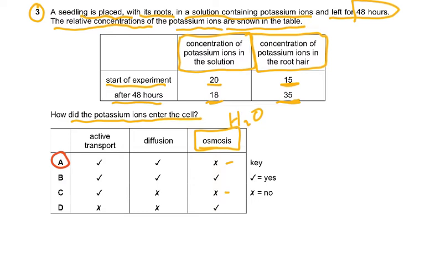Because there is also active transport and there is also diffusion. When it was 20 in the solution, the concentration of potassium ions in the root hair was 15, so it must have entered by diffusion initially, and then of course it started to be active transport. So that is why A was correct. But it cannot have been osmosis. Osmosis is not for potassium ions, it's only for water molecules.